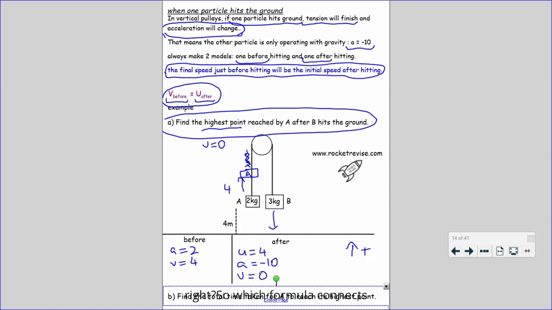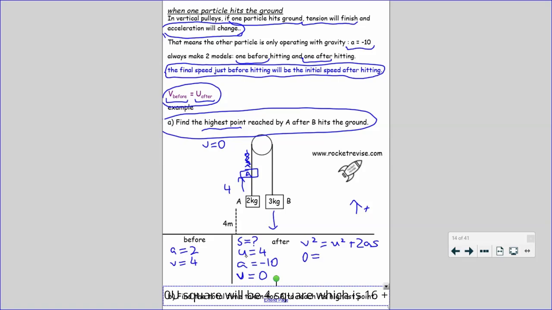Right, so which formula connects S, your displacement, U, A, and V? We use V squared equals U squared plus 2AS. Now V is 0.